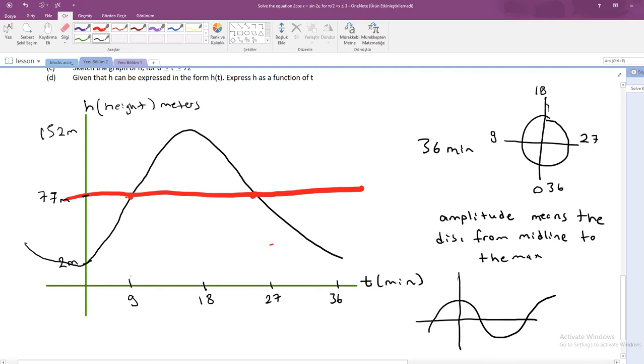And if you notice, this right here is actually the opposite, the reverse version, the reflection of cosine. So therefore, I will take the value for a as negative.